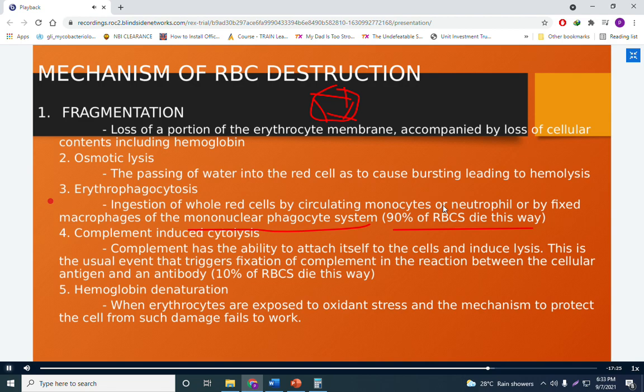What organ class? Mononuclear phagocyte. No, it's not your thymus. Remember the organ where they die, the organ kung saan sila namamatay.